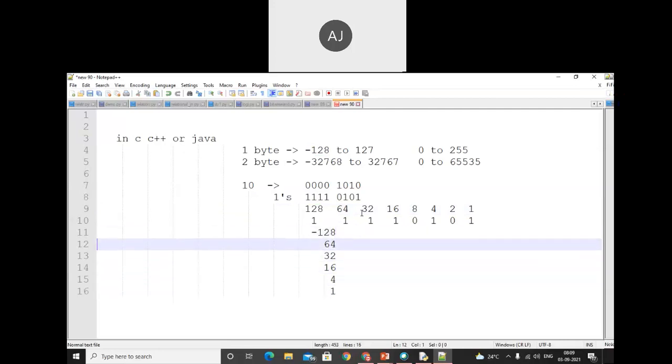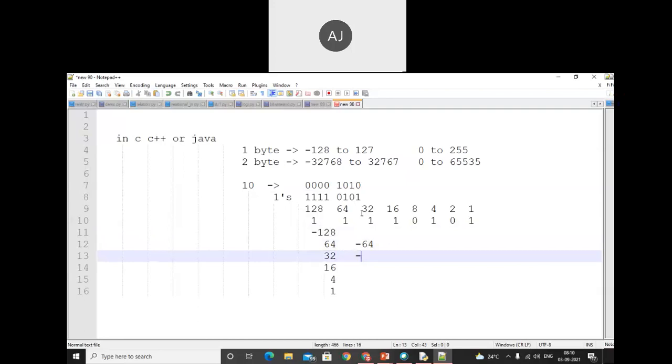When we perform minus 128 plus 64, we get minus 64. When we perform minus 64 plus 32, we get minus 32. When we perform minus 32 plus 16, we get minus 16. When we perform minus 16 plus 4, we get minus 12. And when we perform minus 12 plus 1, we get the actual value.